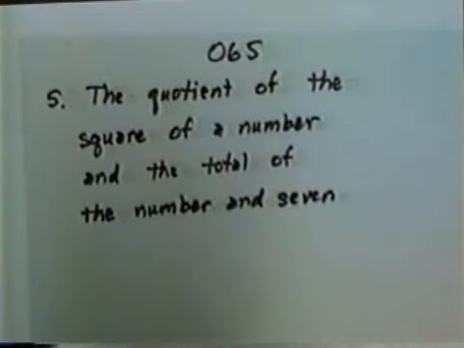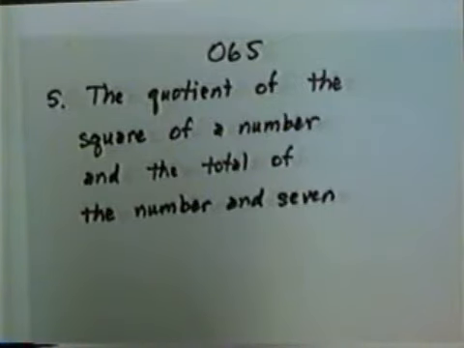Example 5 is the quotient of the square of a number and the total of the number and 7.